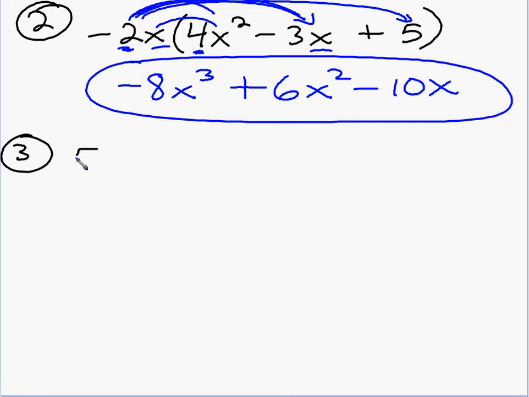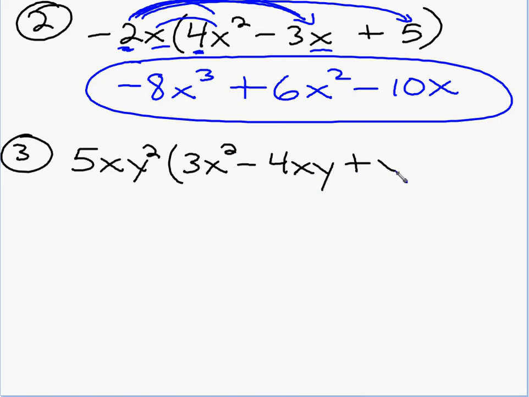Okay, let's try this one. 5xy squared times 3x squared minus 4xy plus y squared. Now, we've got two variables on this one, but it doesn't make it any harder. We just have to pay attention on each of the terms I multiply by.